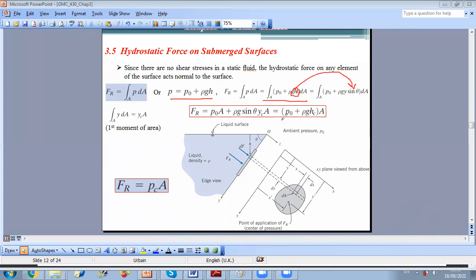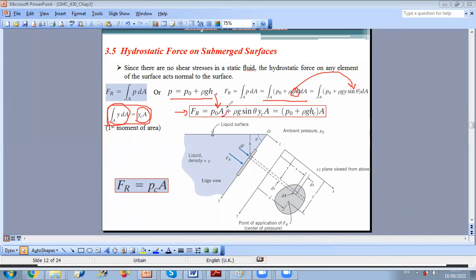And when we integrated, we got this term, the integral of Y dA, which is called the first moment of area, and it's done to find the centroid position. So since I can replace the integral over A of y dA by y at the centroid times A, my formula became as follows. The resultant force acting on the surface is P0 times the area plus rho G sin theta times y centroid times A.